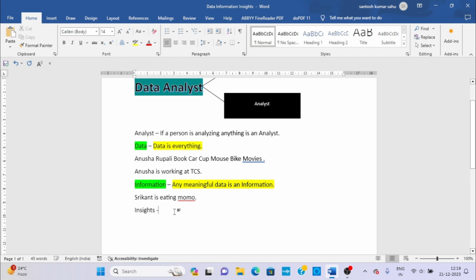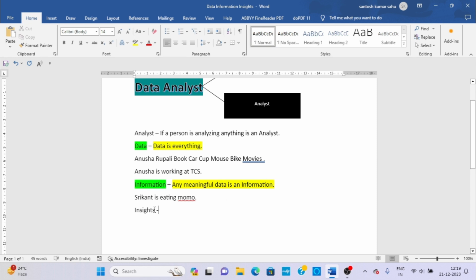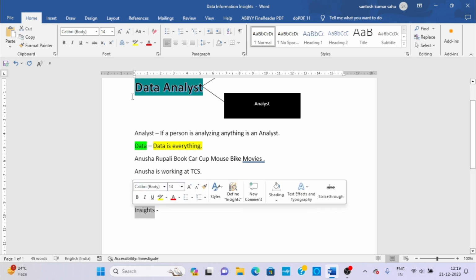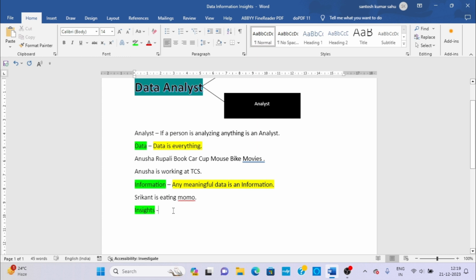Okay, what is insights? I will make it a different color so that you will get it easily. Here we discussed what is data. Data is everything. Then coming to information, any meaningful data is information.